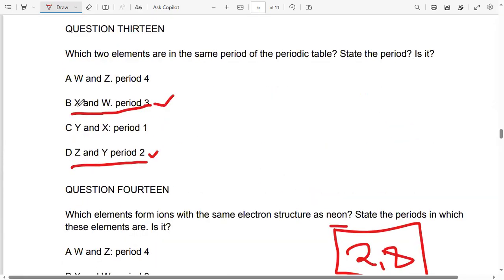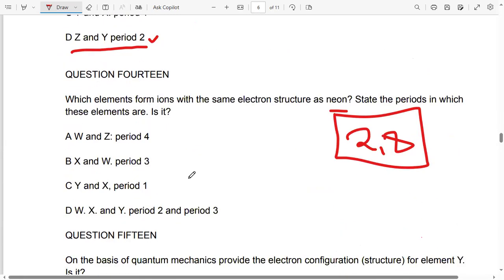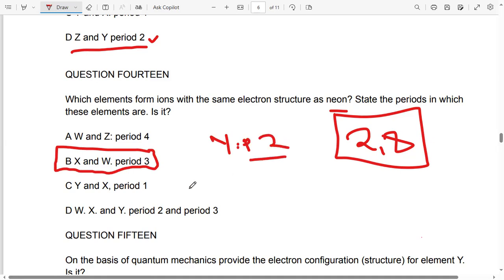X and W in period 3, we found it here. Is there anywhere you can see a Y in period 2? There is none. Here they are saying W, X, and Y, with the first 2 in period 2 and Y in period 3.